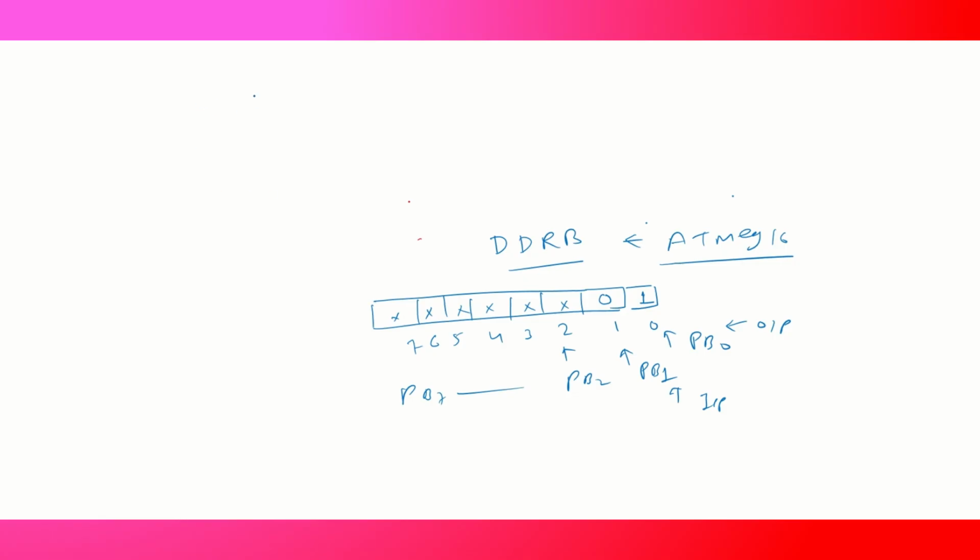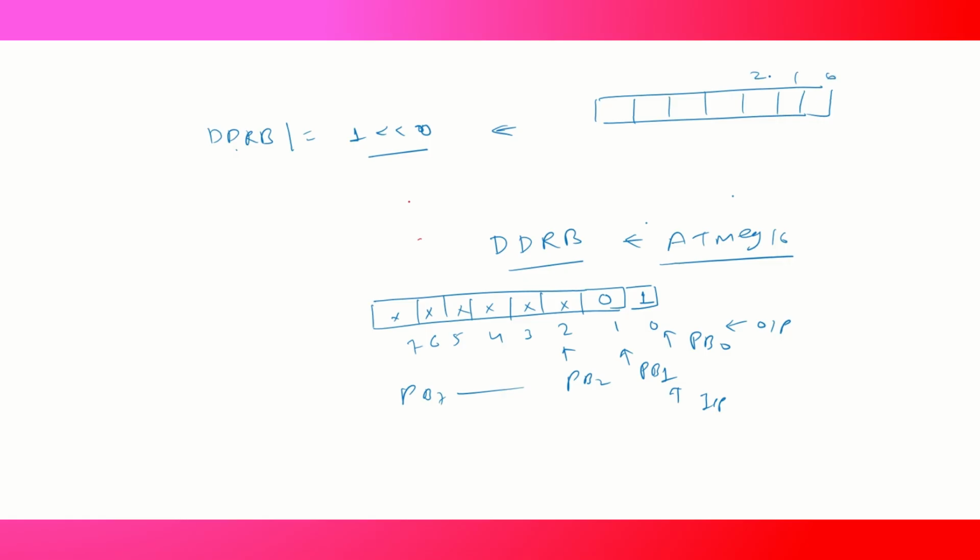So for that we can do OR and AND operations. We can write here DDRB OR is equal to 1 left shifted by 0. Here what we are doing is an OR operation of the content of DDRB with this number.